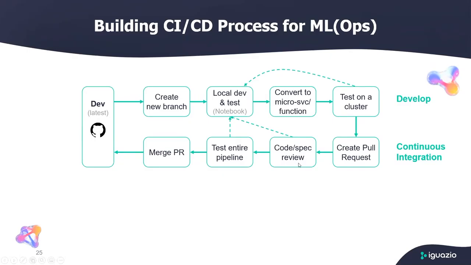If we did pass that, we don't want to run the pipeline at that stage, because if we have a typo or some code mistake, we don't want to waste a lot of computation resources for training. So only after we pass the static analysis and some of the CI process, we want to do a testing of the entire pipeline. As I showed you before, you run the entire pipeline, you generate a pull request, and you merge that pull request.